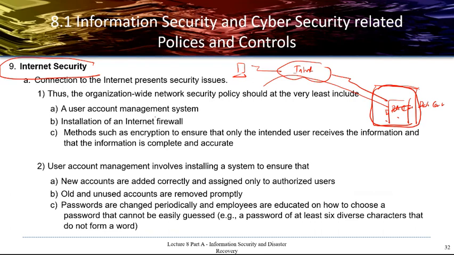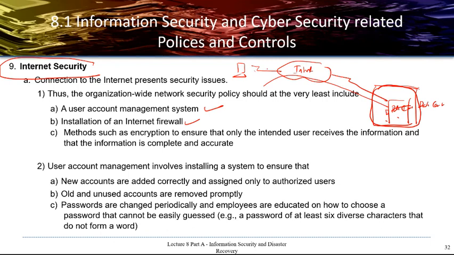Connection to the internet presents security issues. A network-wide security policy should at the very least include a user account management system and installation of an internal firewall. I will explain what a firewall is in the next slides. It should also include methods such as encryption, to ensure that the intended user receives the information and that the information is complete and accurate.